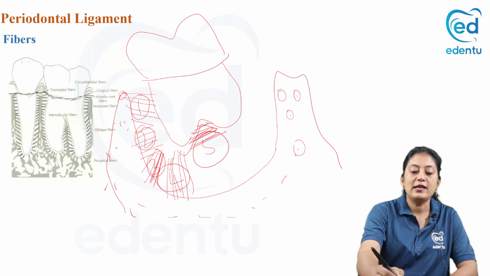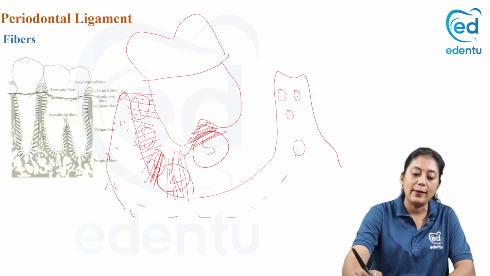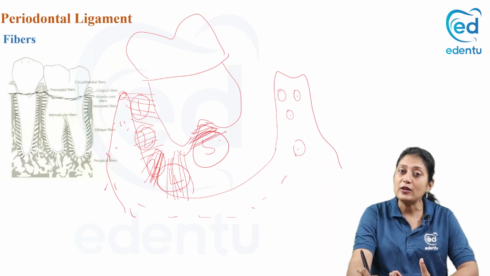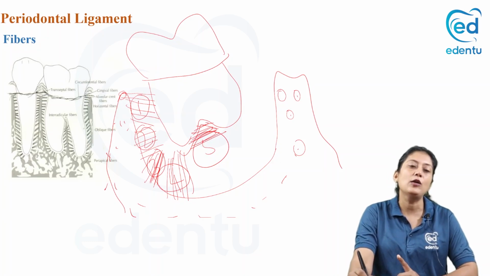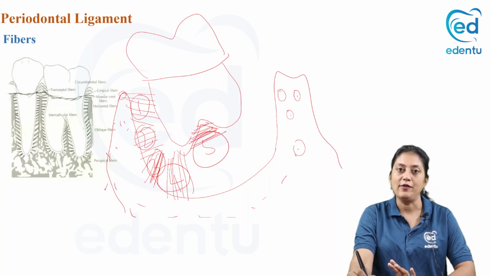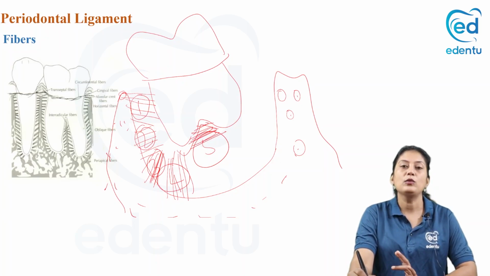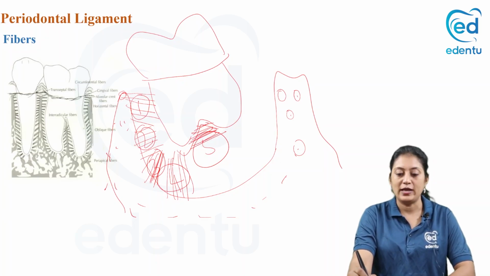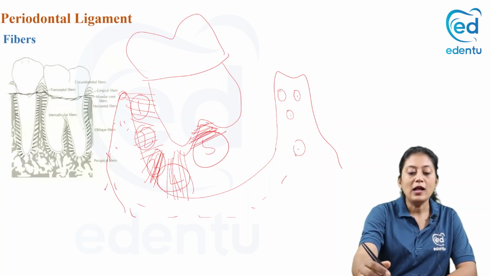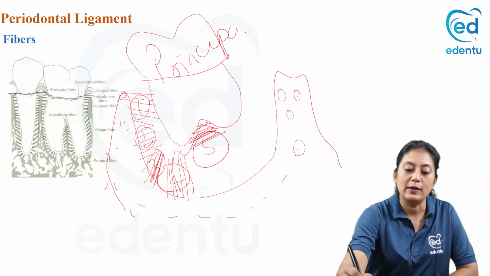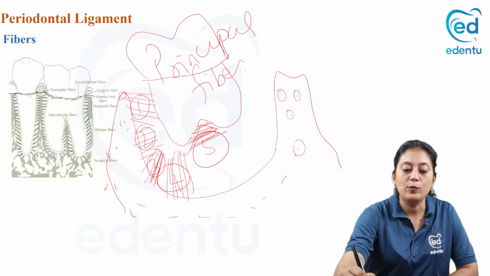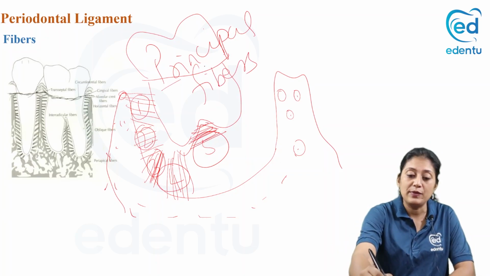First is alveolar crest, then horizontal, oblique, apical and interradicular. Interradicular fibers will be seen only if you have a multi-rooted tooth. If you have only a single root, like incisors, canines or some premolars, you will not see interradicular fibers. Only in multi-rooted teeth like molars and premolars can you have it. So all these fibers together are called principal fibers of the periodontal ligament. All these 5 groups of fibers are named as principal fibers.